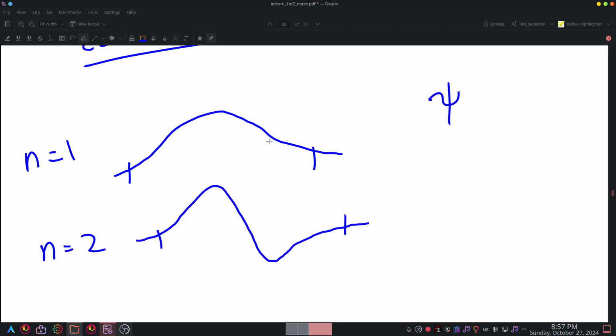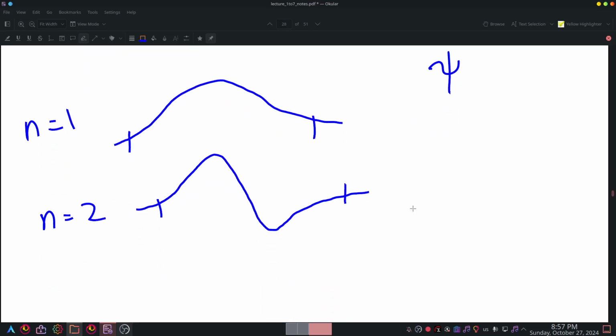Now, for this, the lambda at n equals 2 is shorter than lambda at n equals 1. So the wavelength at n equals 2 is smaller than at n equals 1.